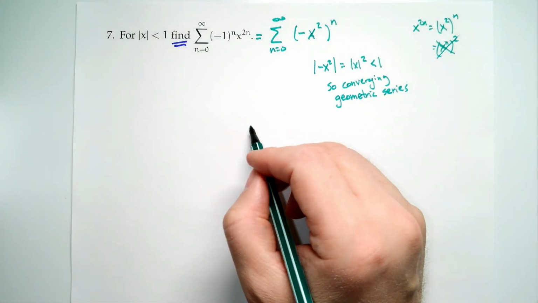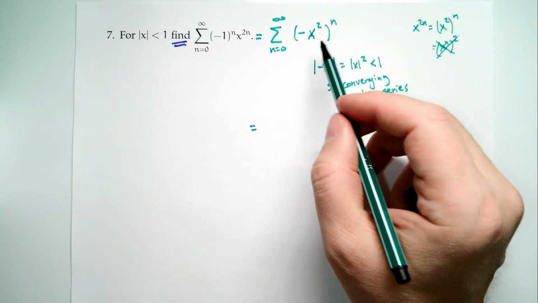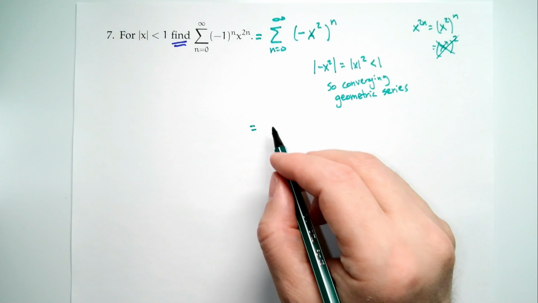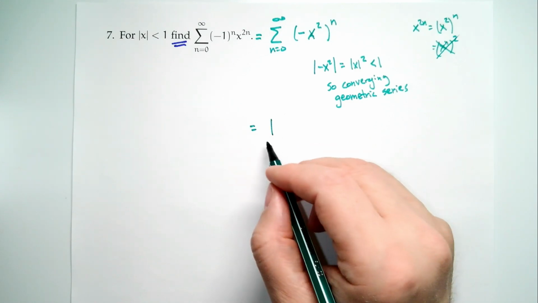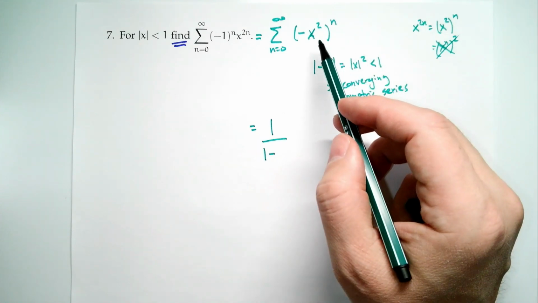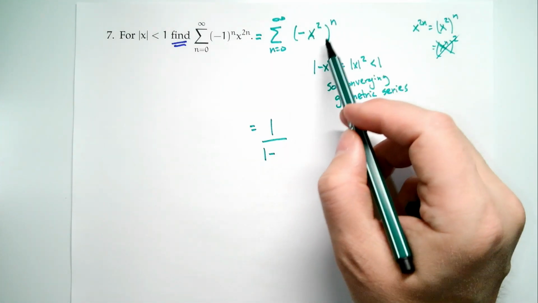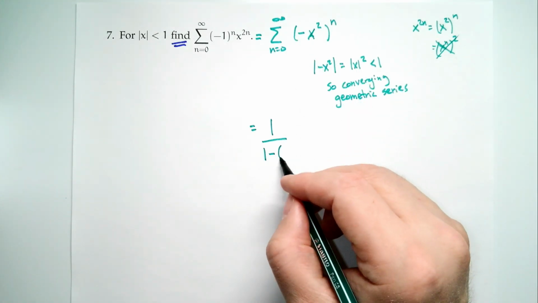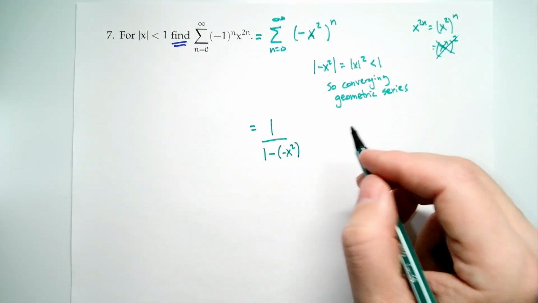So this is equal to, what's the first term? n equals 0. Well, something to the 0 is going to be 1. Divide that by 1 minus, what do you multiply at every stage? In other words, what's inside of this something to the n? Well, the answer is it's minus x squared.